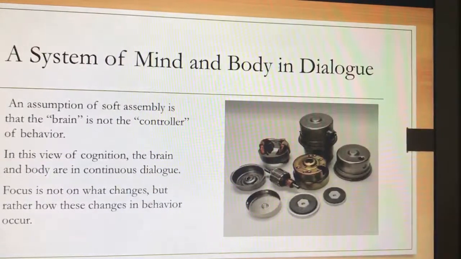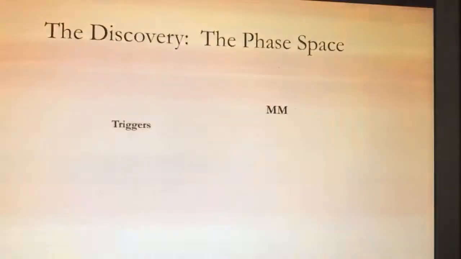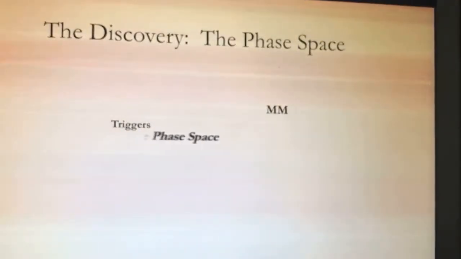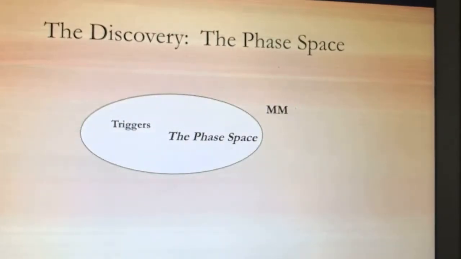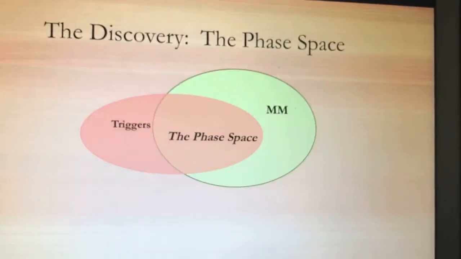And now we move into dynamic systems. And this is the big discovery in this meta theory, the discovery that is found within the phase space. So what is the phase space? This phase space is the overlap between the first two spheres where complexity arises out of the overlap.